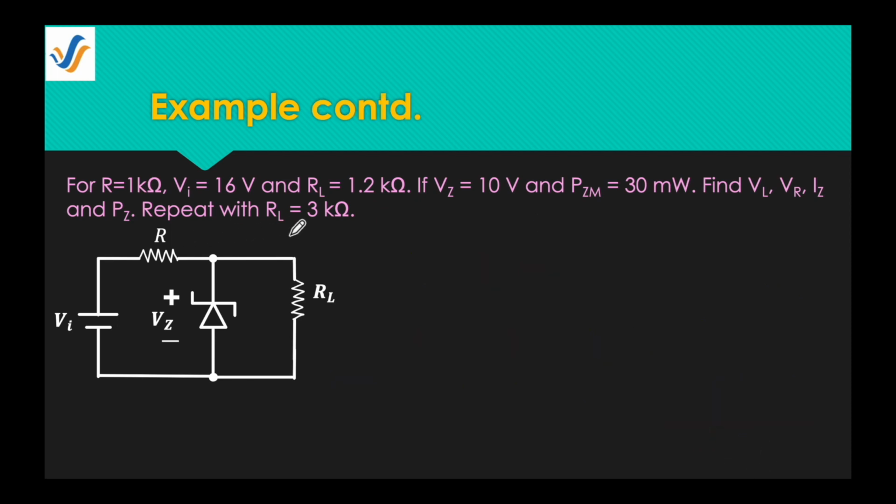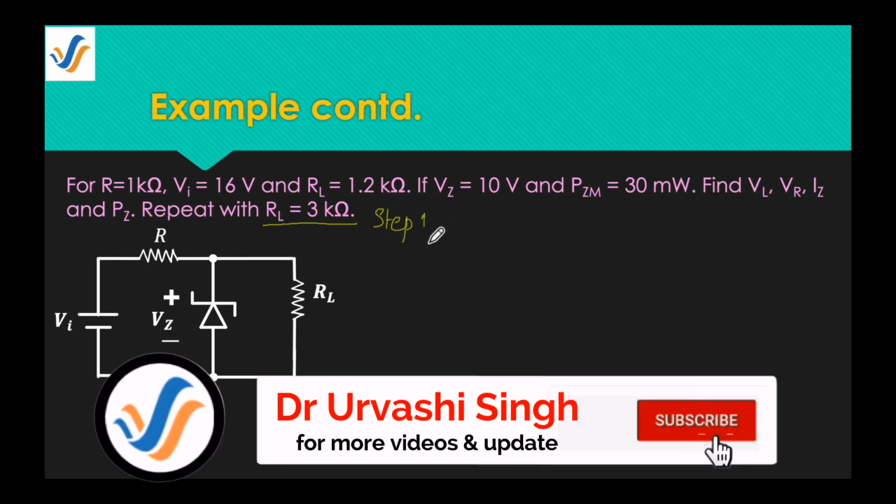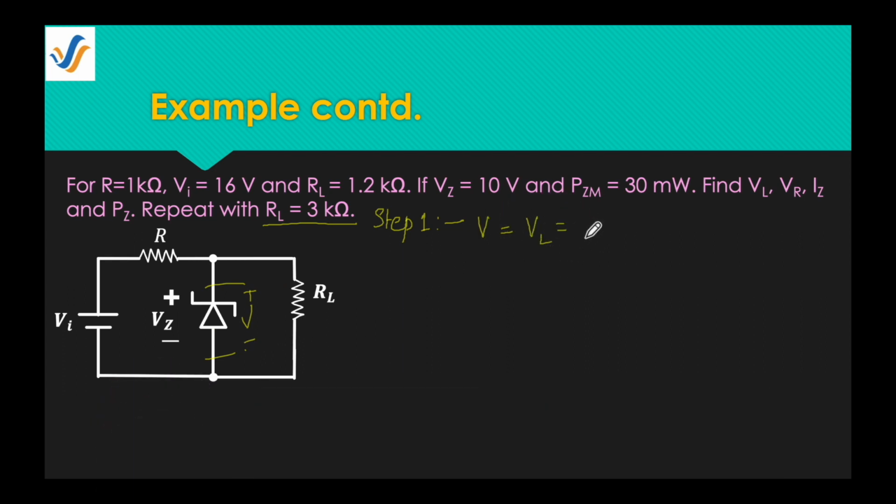In the second part of the problem, the load resistance value is changed. Now let's see how it is going to affect the Zener diode working. Step 1 is to know how much voltage drop is across this Zener diode. V is equal to the load voltage, so it is RL VI upon R plus RL. Putting the values, solving it.